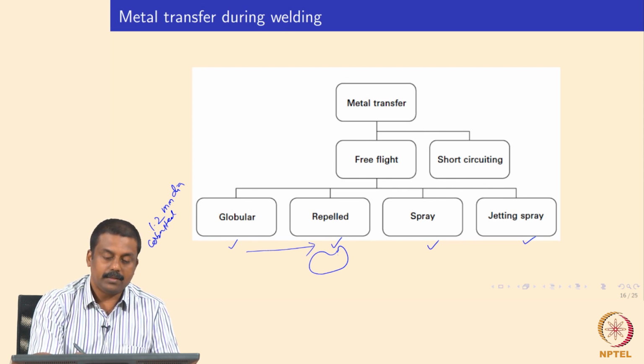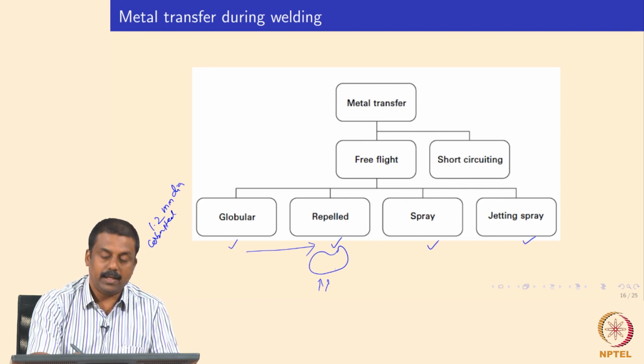This happens because of the increase in vapor pressure from the workpiece, which acts against the detachment of the droplet, as well as the increasing current changing the Lorentz force. The locally changing magnetic field can change the shape from globular to a repelled globular.